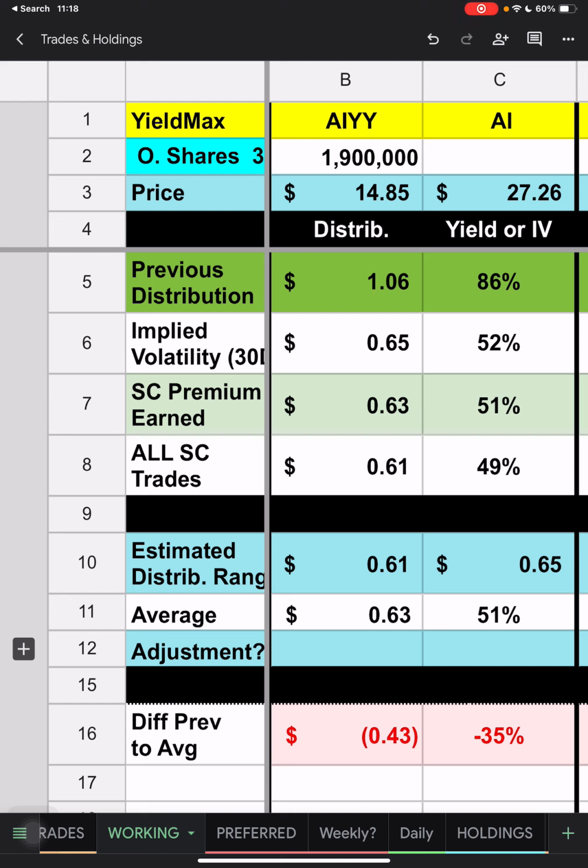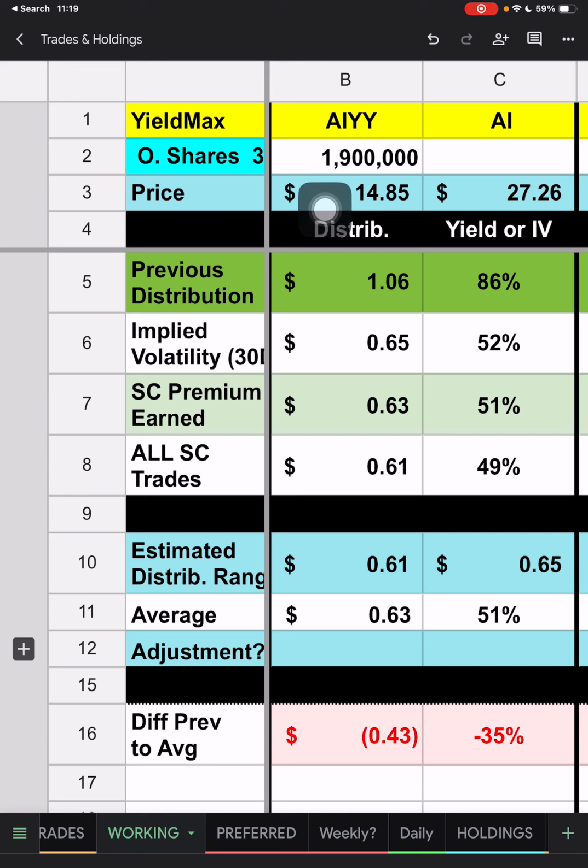In case you haven't seen this data in the other videos, we're going to go over this a little bit. Line 1 is going to be all of our tickers. As you see here, we have the YieldMax ticker, and then the underlying. This row is going to have the outstanding shares, as of end of day today.